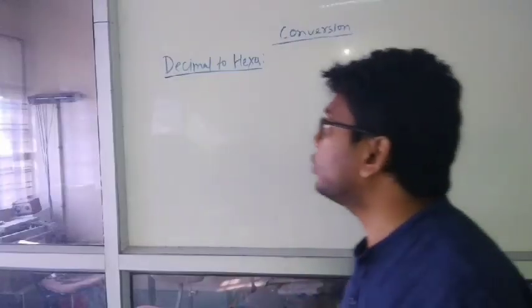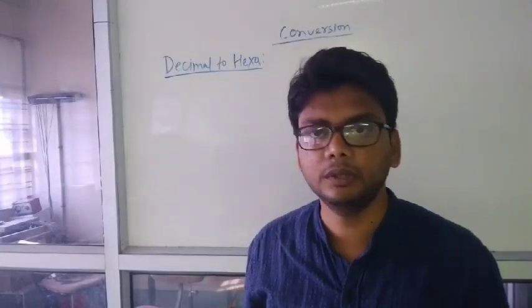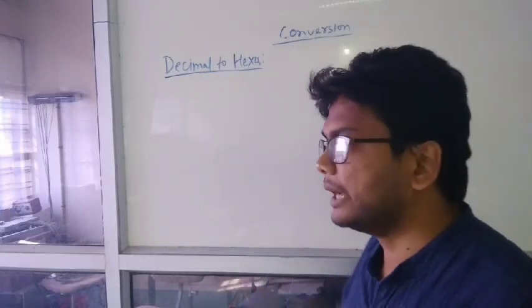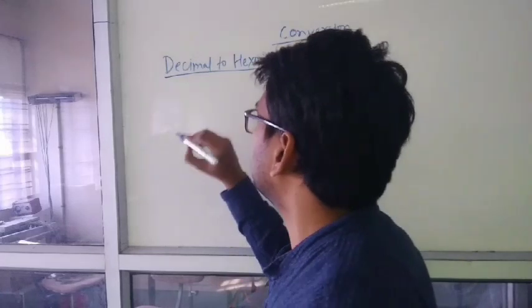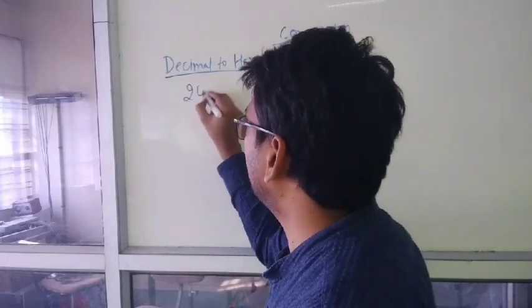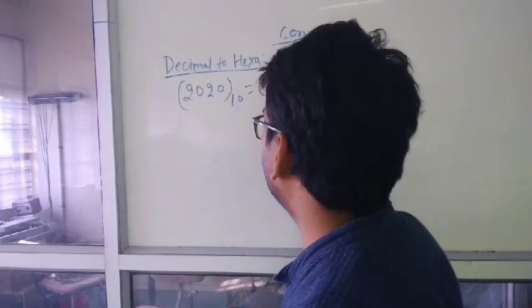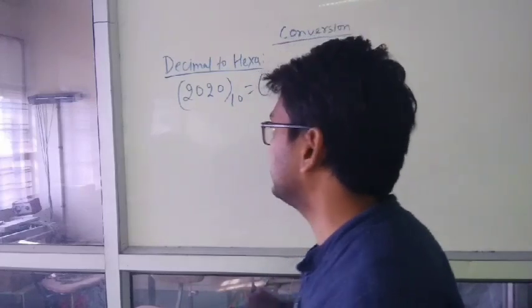Now we can see how we can convert the decimal number system to the hexadecimal number system. Suppose we have the value 2020 in decimal form, and we want to convert it into the hexadecimal form.